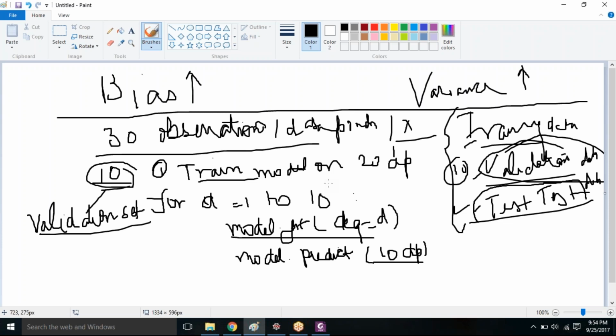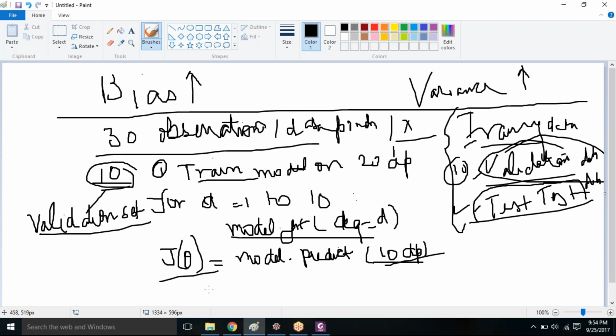We never include these 10 data points of the validation set. But why we are using this validation data set is, we will start with degree 1 and then we will predict with these 10 data points, and we will calculate the error.